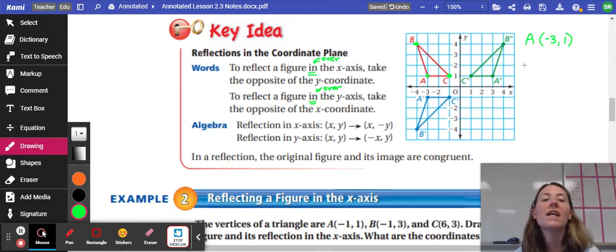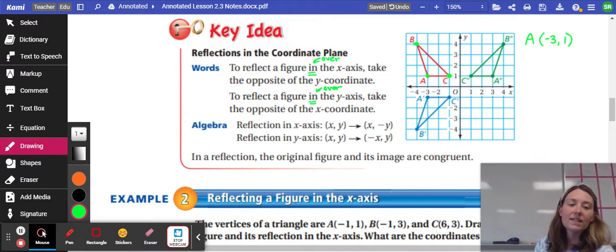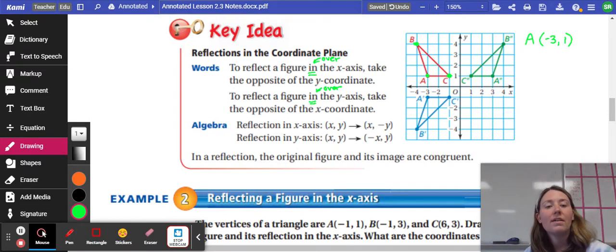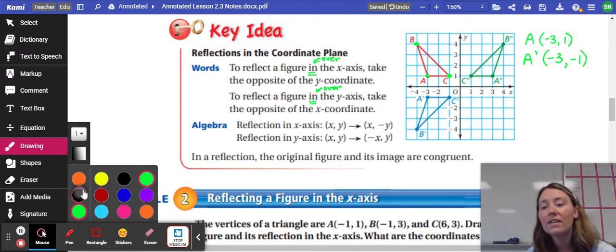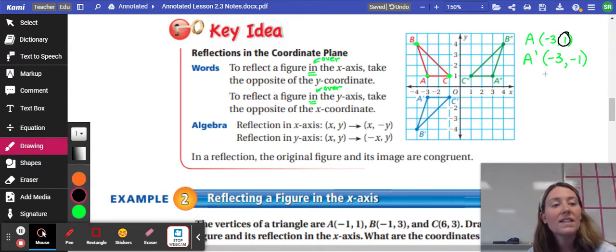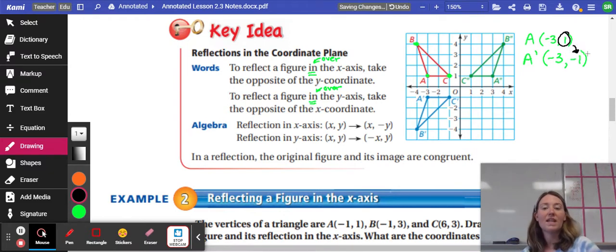It says if we were trying to flip this image over the x-axis, we would take the opposite of the y-coordinate. So A prime would be -3, -1. The opposite of 1 is -1. Okay, so that's how we go from 1 to -1. We're just taking the opposite.